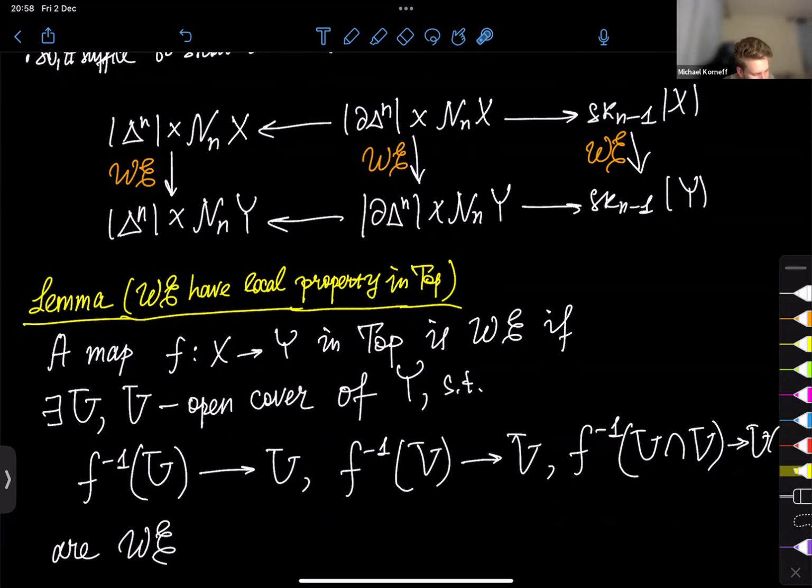Okay, and thus we can use the bar construction not only for cofibrant diagrams, but for any diagrams. And if we have a weak equivalence between these arbitrary diagrams, then after applying the bar construction, we will obtain, of course, a weak equivalence.